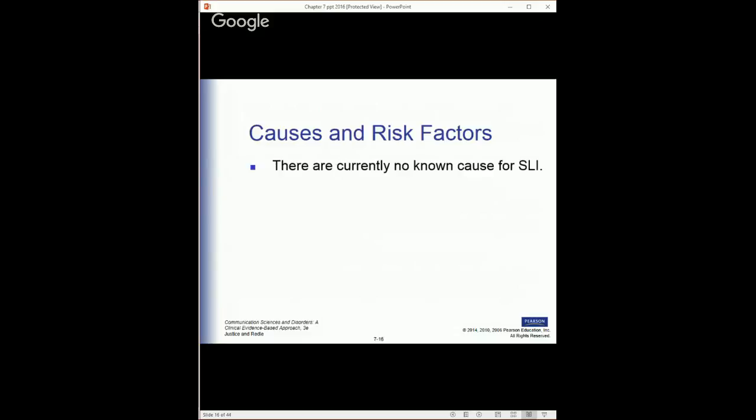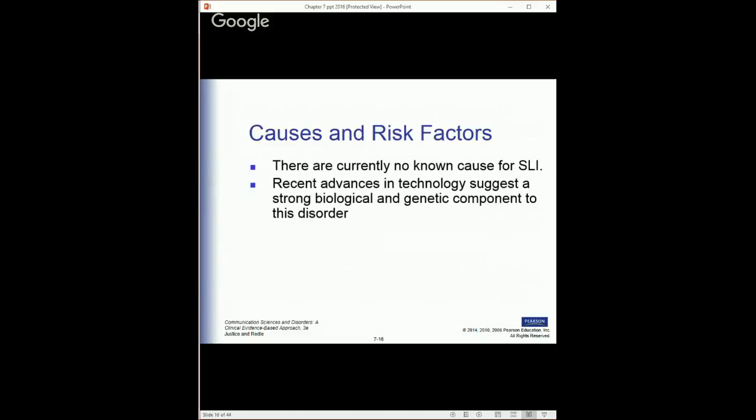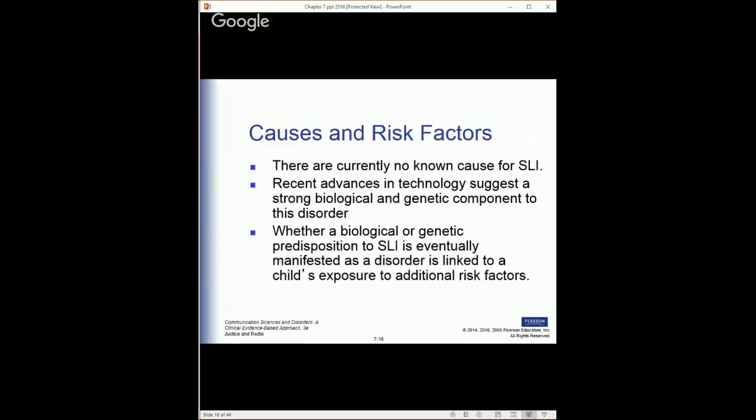Causes and risk factors. There are currently no known causes for SLI. Recent advances in technology suggest a strong biological and genetic component to this disorder. Whether biological or genetic predisposition to SLI is eventually manifested as a disorder is linked to a child's exposure to additional risk factors.